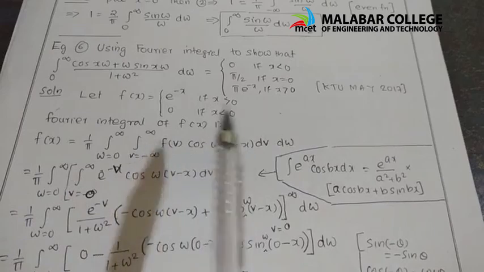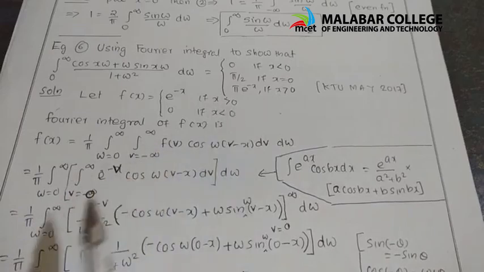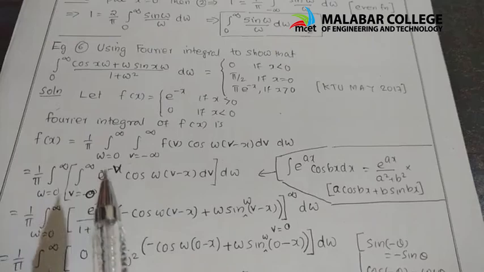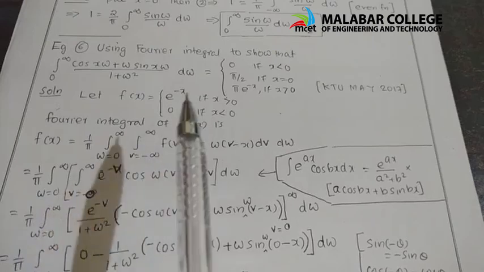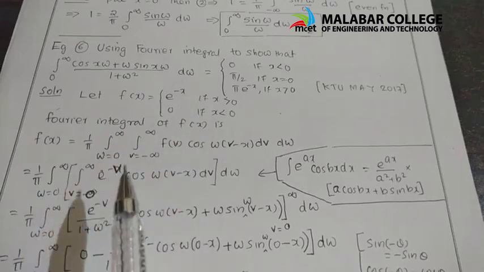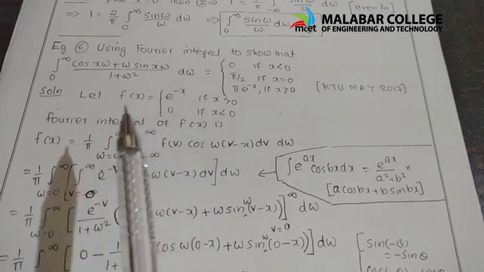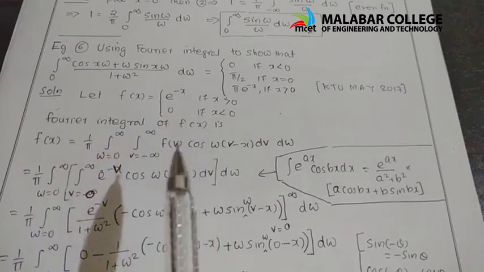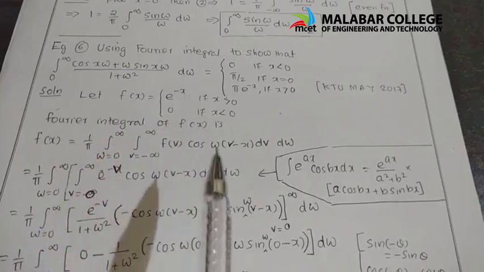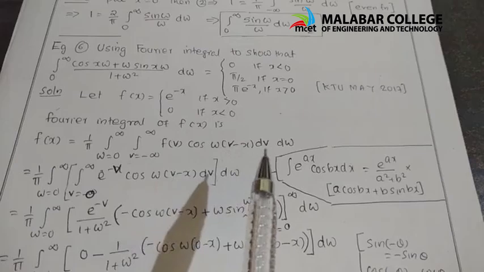X greater than 0 means v is from 0 to infinity. In place of e raised to minus v minus x, I am writing e raised to minus v, because our f of x is e raised to minus x, so f of v is e raised to minus v. So I am substituting e raised to minus v, cos omega into v minus x dv d omega.